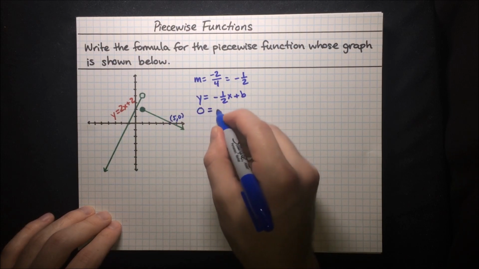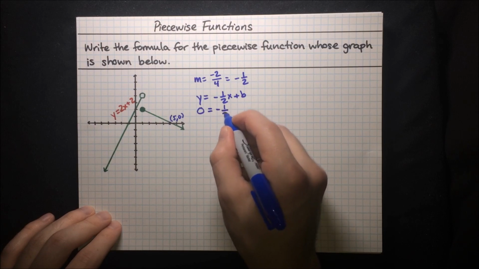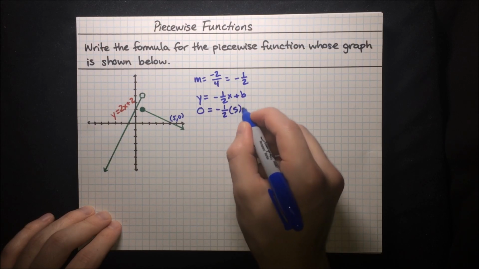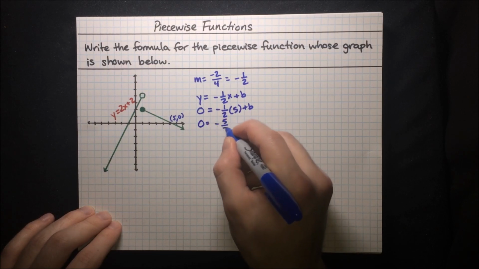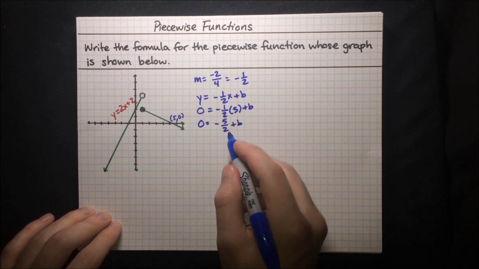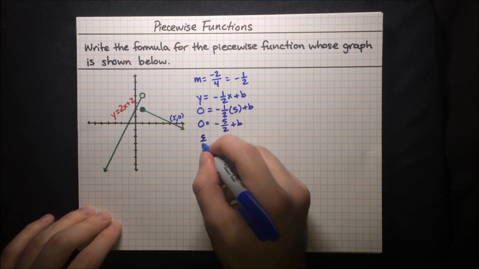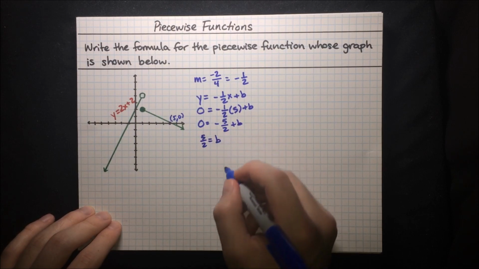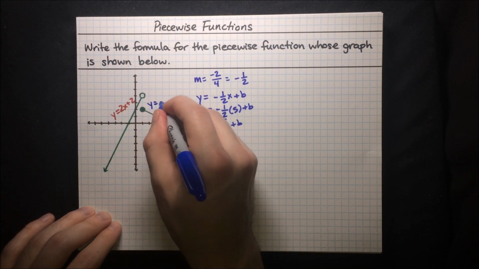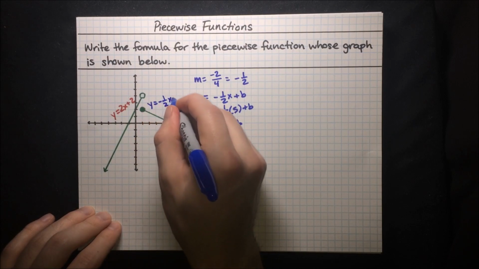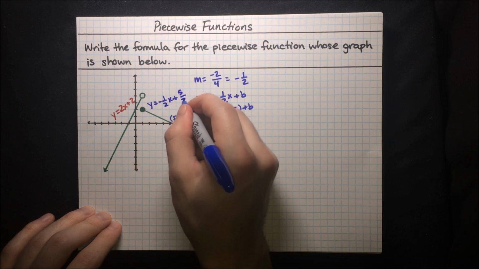Y is 0, and x is 5, so negative a half times 5 plus b, so 0 equals negative 5 halves plus b. Add 5 halves to both sides, and we get 5 halves is equal to b. Okay, so that gives us our line. Our line is just y equals negative a half x plus 5 halves.